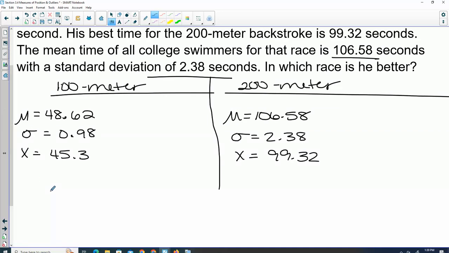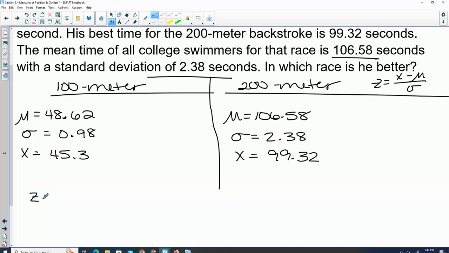So what do I have to do in order to be able to compare two different sets of data? The z-score. That's what we were working on yesterday. So remember, your z is our value minus the mean divided by standard deviation.